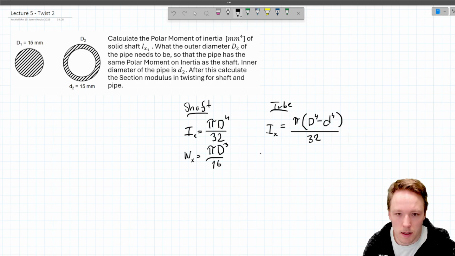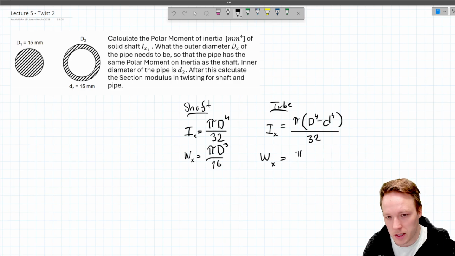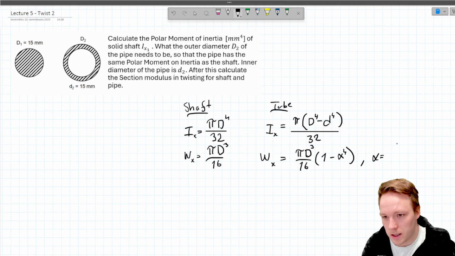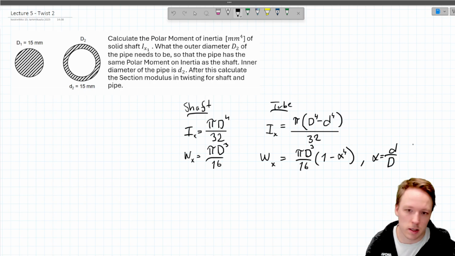And then the Wx for that one, the equation is pi times d to the power of 3 divided by 16 multiplied by 1 minus alpha to the power of 4, where alpha is internal diameter divided by external diameter, like so.